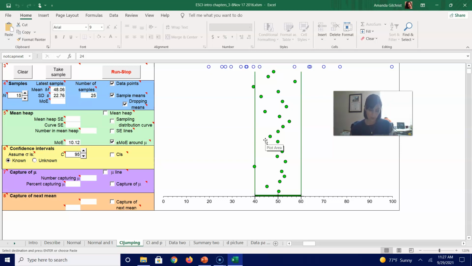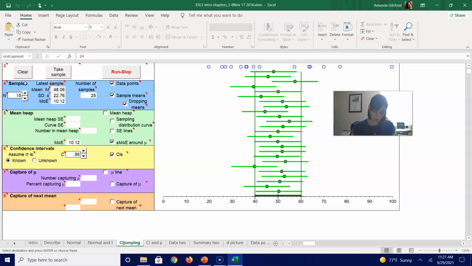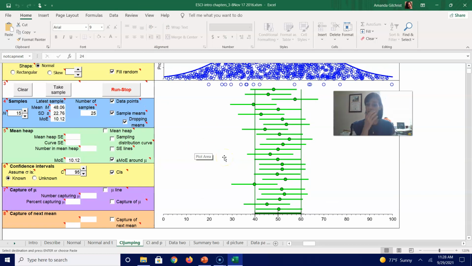So basically what we are going to do at this point is click on assume that our sigma is known. And this time we're going to do CIs. And so what I have actually done is now you can see the 95% confidence intervals for each of our sample means.